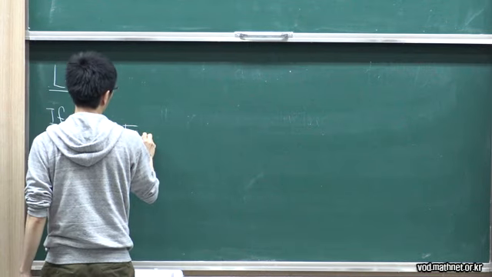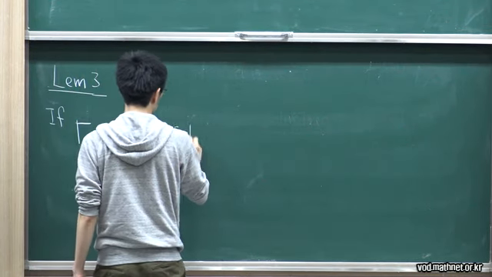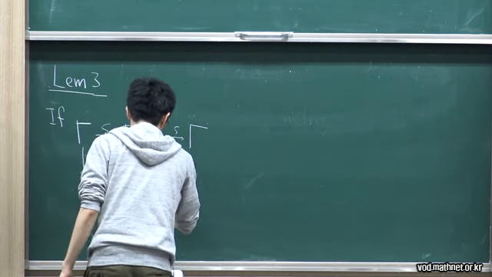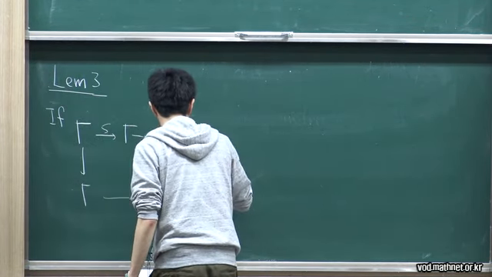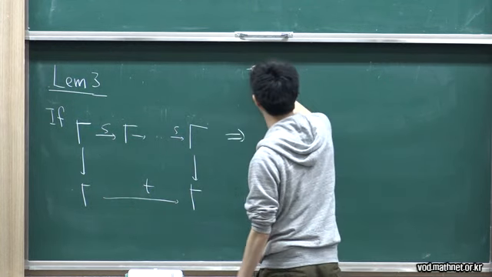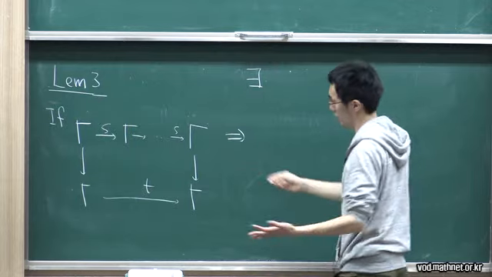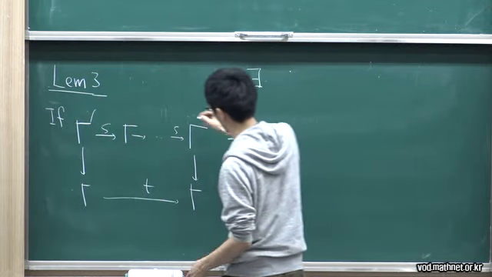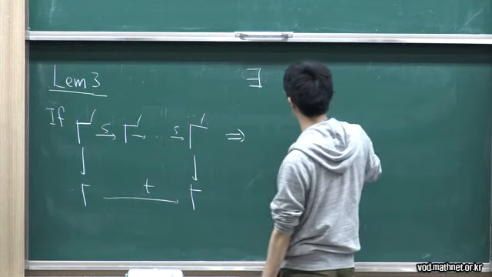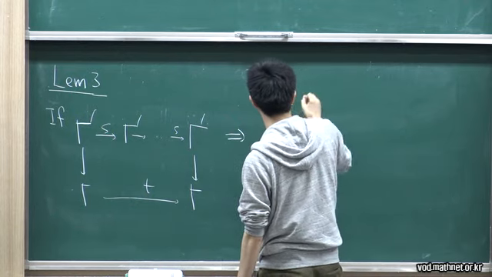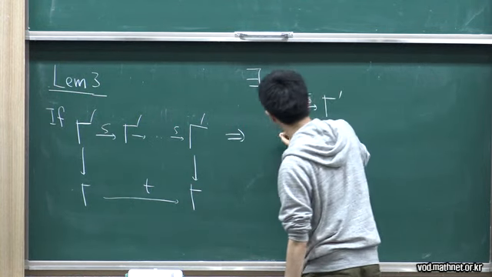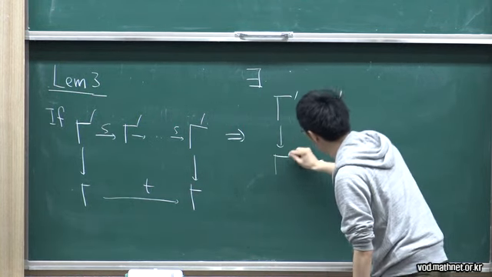So if we can find this picture, then we can find the equivalence relation on gamma prime, so that the following picture is obtained.